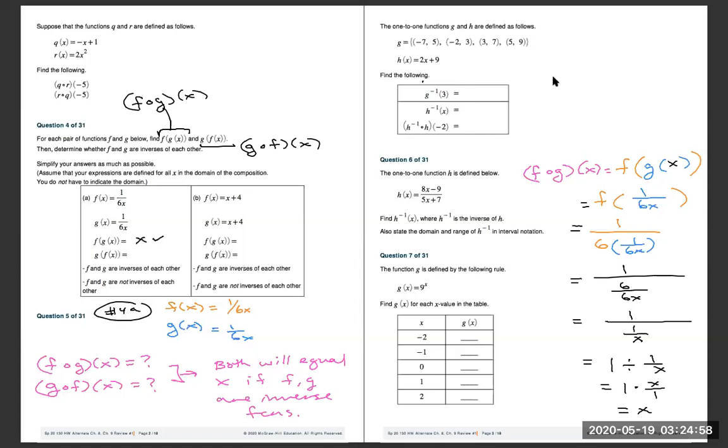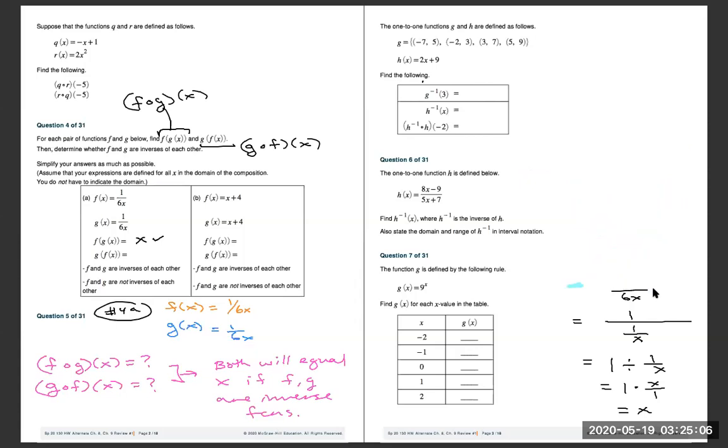Let's save that. And then let's look at the second part. Hopefully you're seeing for this one, it's going to be the same, just for slightly different reasons.